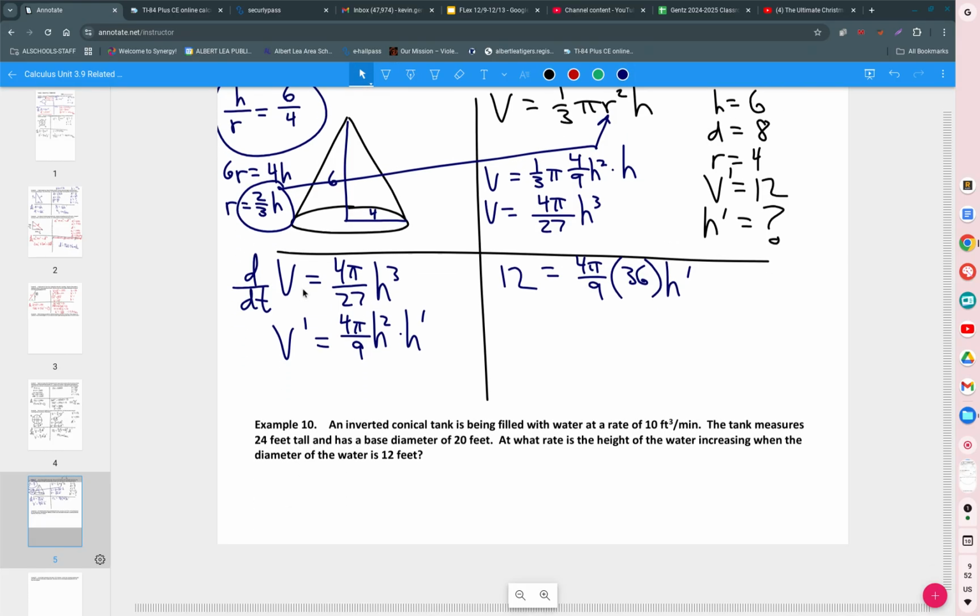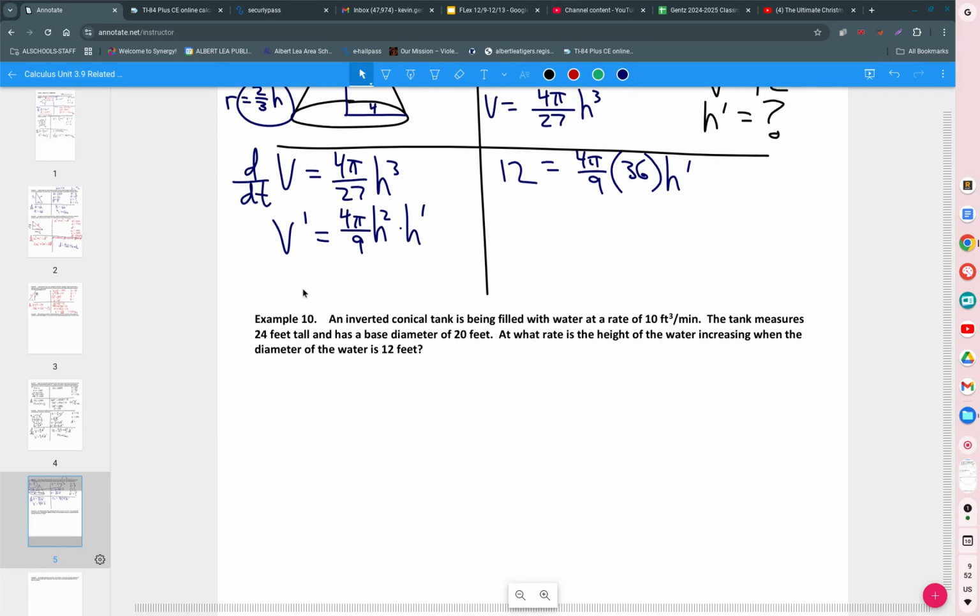I really like the way this problem shakes out. 12 is equal to 36 divided by 9 is 4. 4 times 4 is 16 pi. Basic math is hard. And now if I divide both sides by 16, 12 over 16 reduces to 3 over 4.